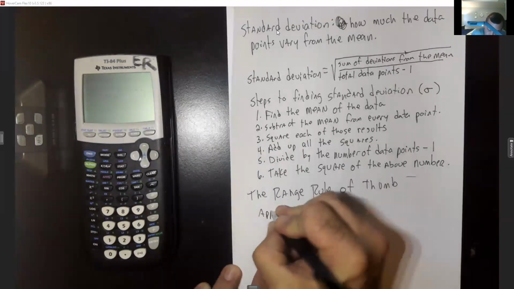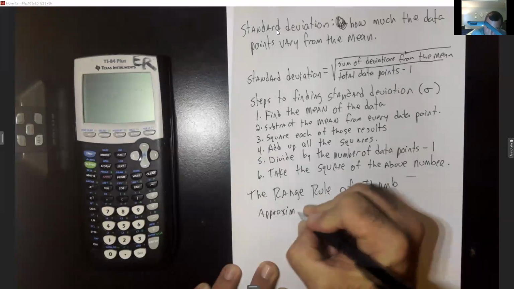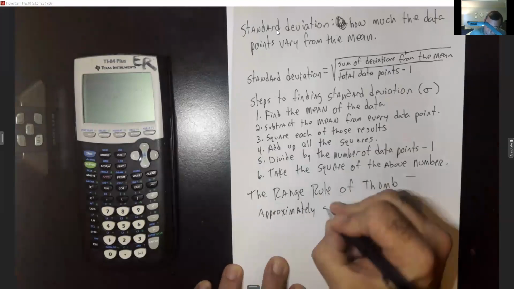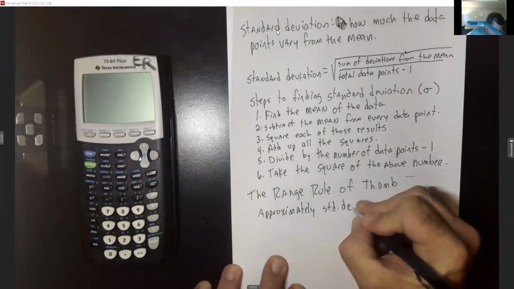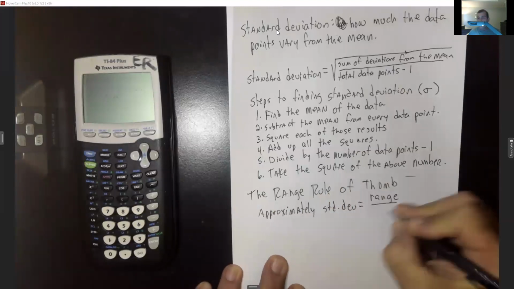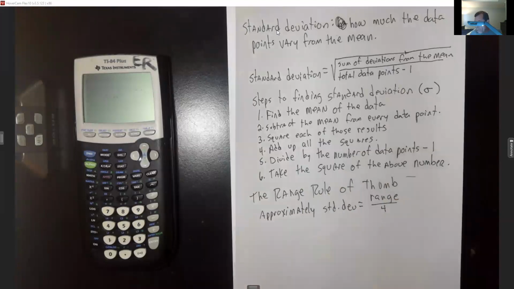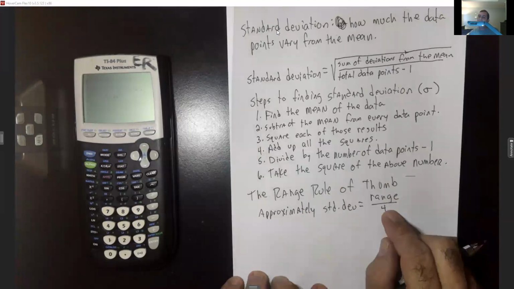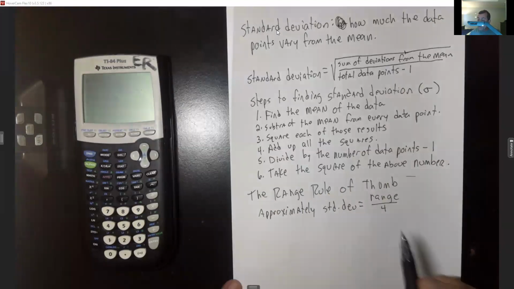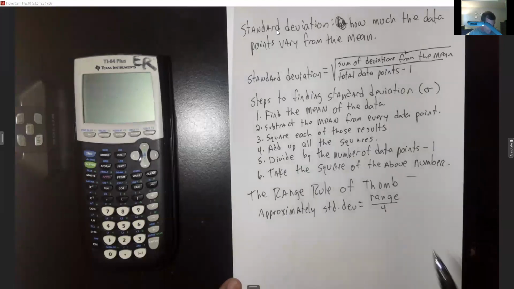So this is approximately standard deviation is equal to the range divided by 4. Now this is mainly true. It's a lot closer if your data don't have outliers on it. Way out there numbers, okay? If you don't have a lot of outliers, this is actually pretty accurate, you can take the range, which is the largest number minus the smallest number, and divide by 4 to get your standard deviation.